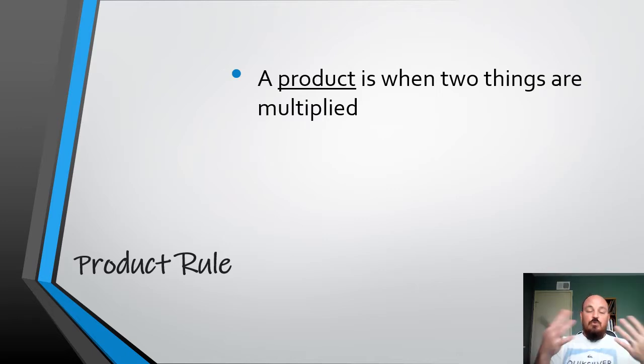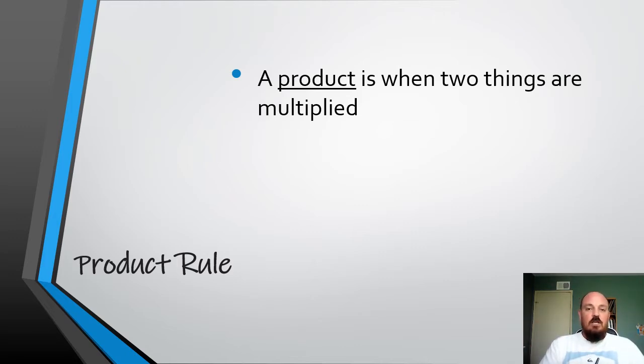First of all, the word product means multiplication. Product is when you have two different things being multiplied together. In this case, it's two functions. If one of them is a constant, then you don't have to worry about it. You don't have to do the product rule, like 2x. 2x is technically a product, but you don't have to do the product rule because the 2 is a constant.